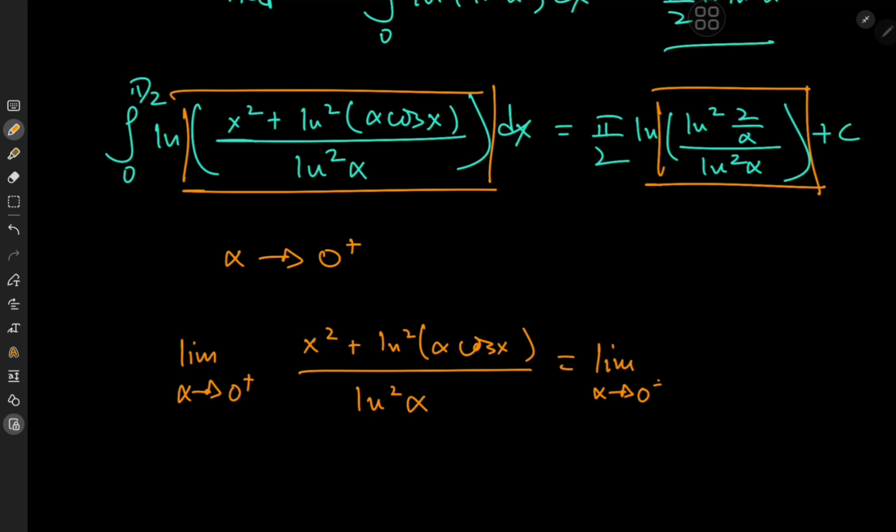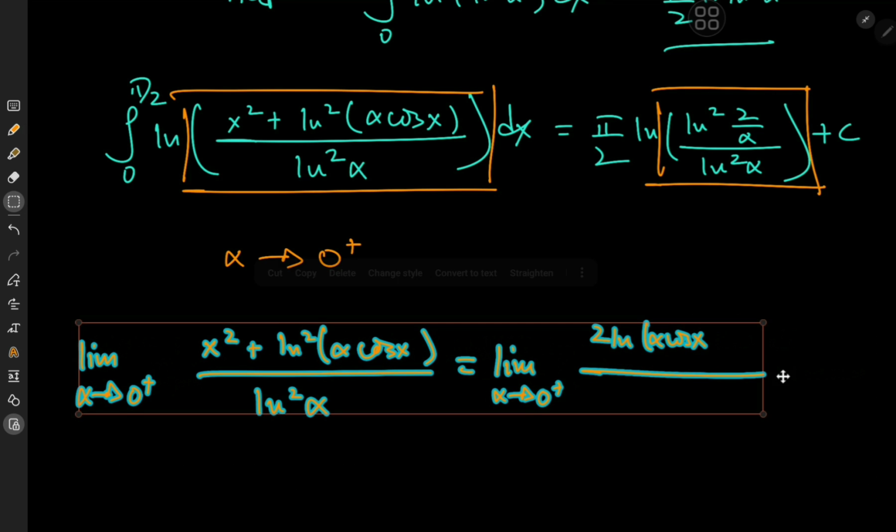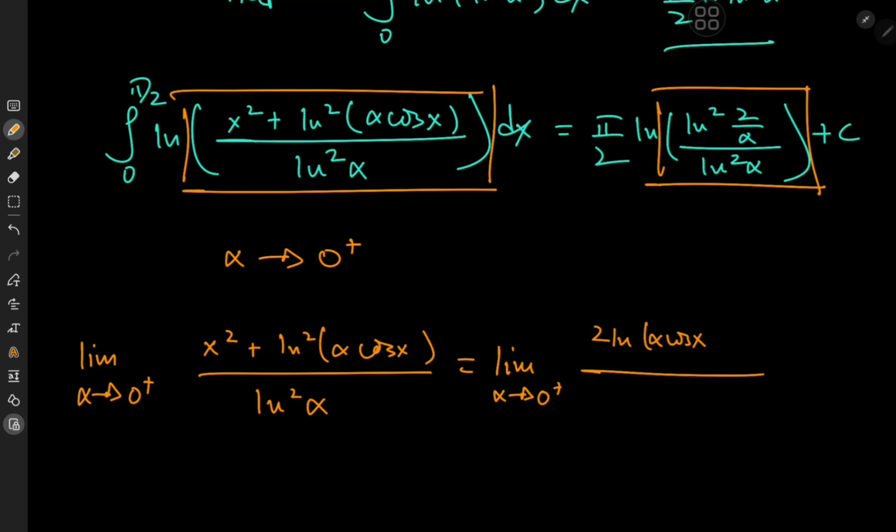Differentiating with respect to alpha, upstairs and downstairs, gives us 2 log alpha cosine x, and the need for some writing space. So we have alpha cosine x, and then we need the reciprocal of the argument, then the derivative of the argument with respect to alpha, once again, some nice cancellation.